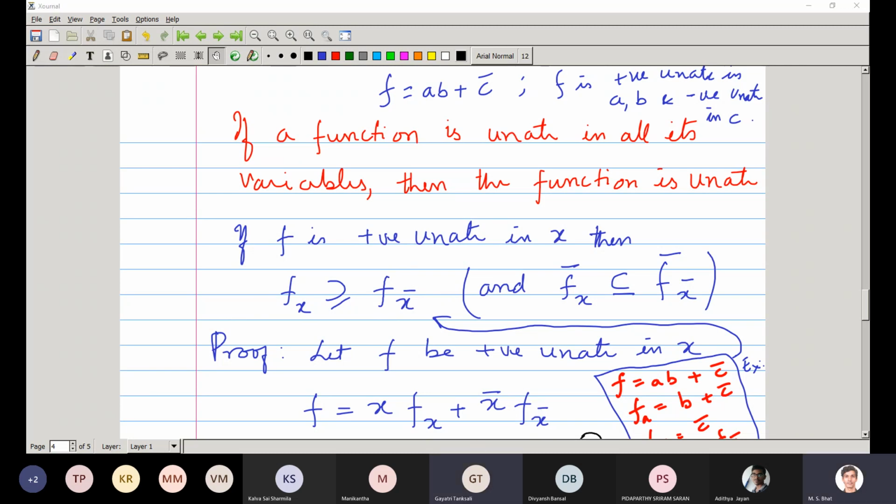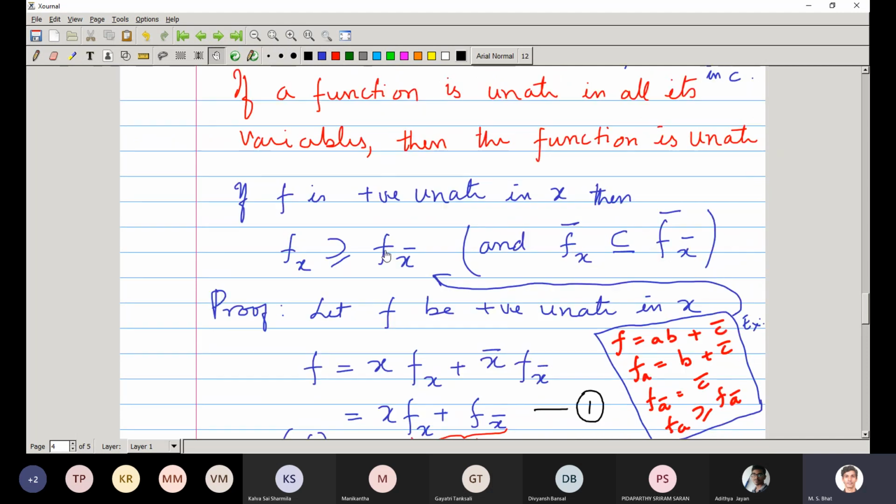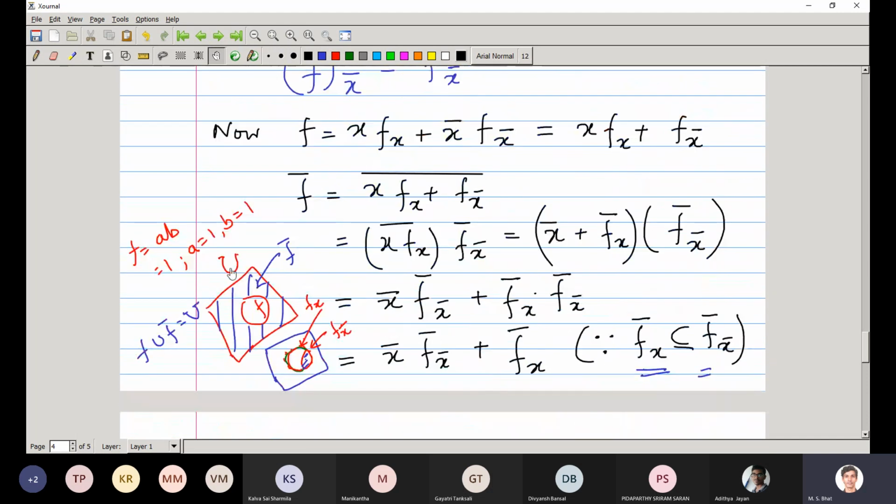Now, in two-level minimization, we will be looking at whether a function is a universal function. What I mean by universal is this: for whatever value the variables take, the function may assume 1, irrespective of what value a variable takes.